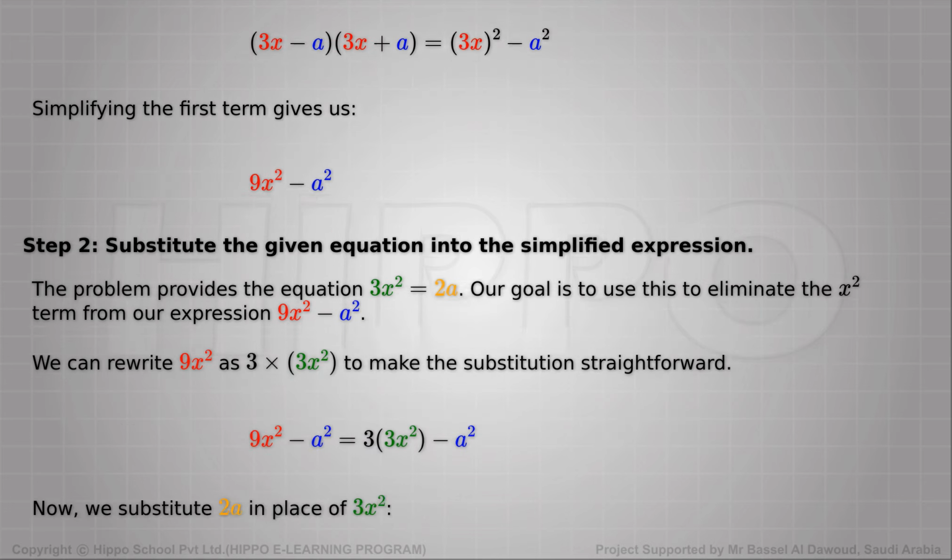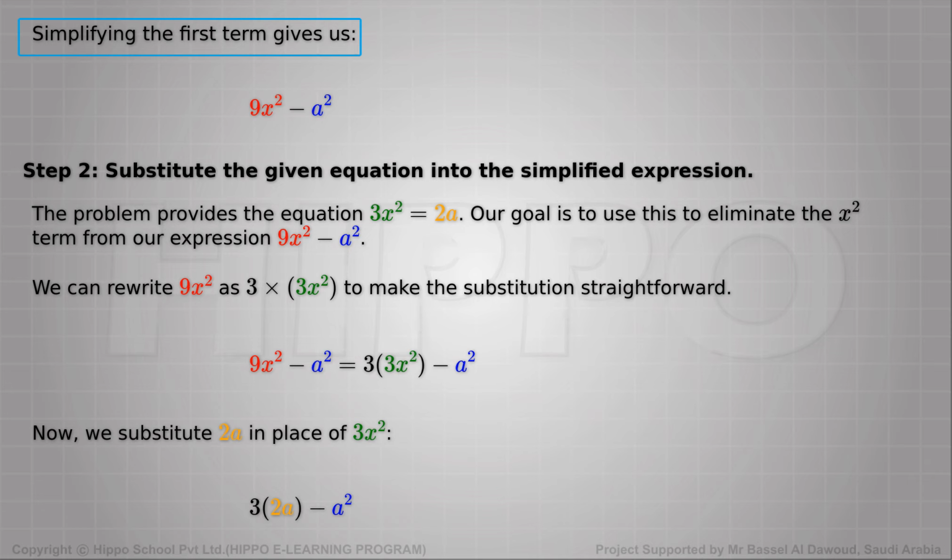Let's simplify that first term, which is (3x) squared. Remember to square both parts inside the parentheses. So 3 squared is 9, and x squared is simply x squared. This leaves us with the simplified expression you see on the screen, 9x squared minus a squared. We've completed the first part of our plan.